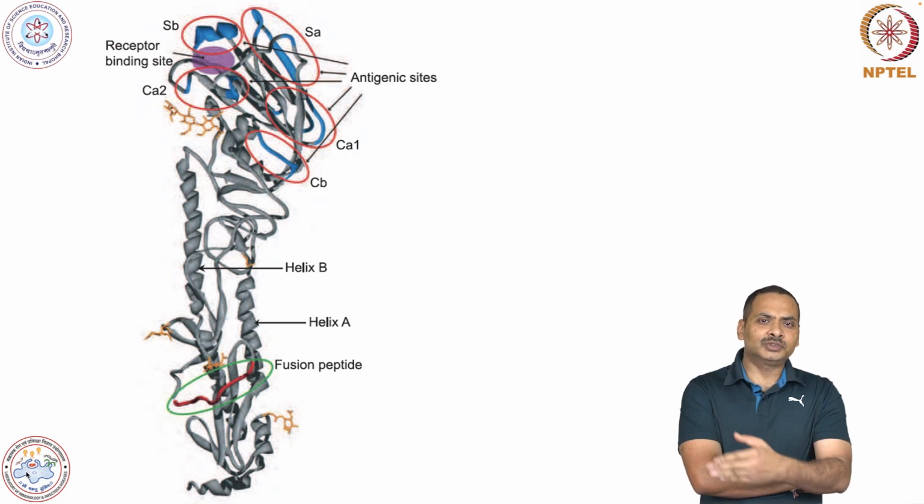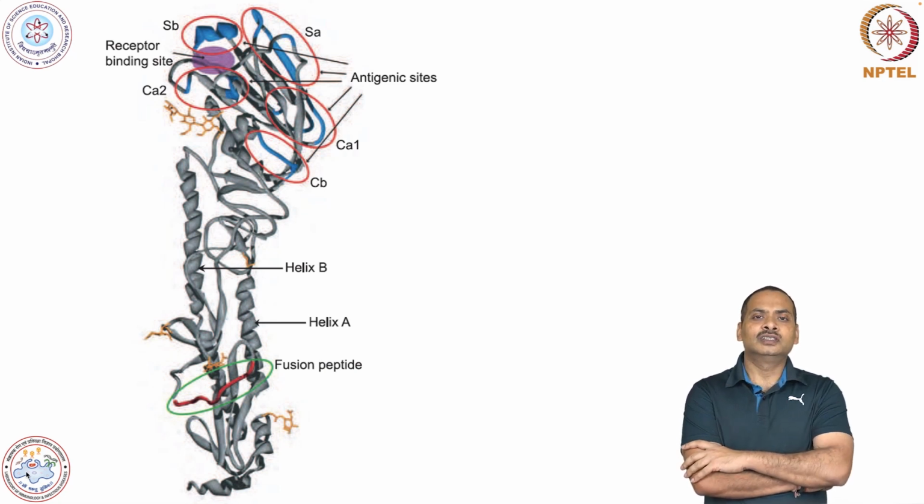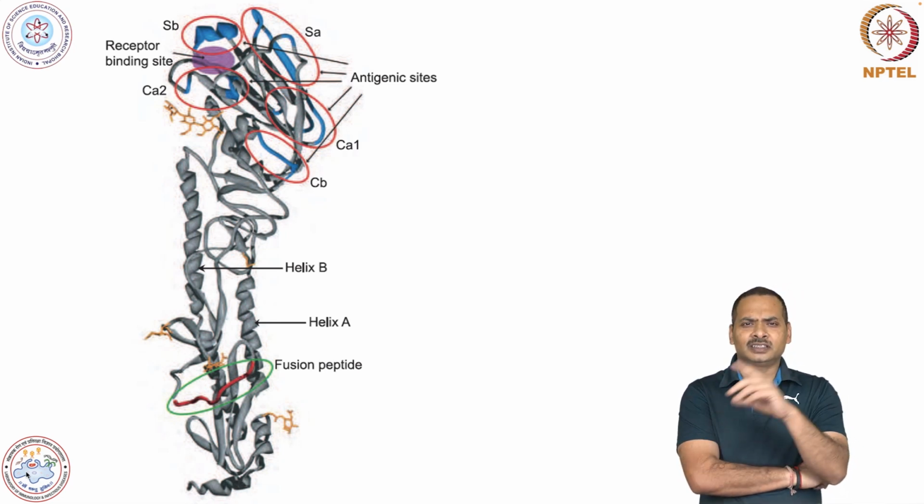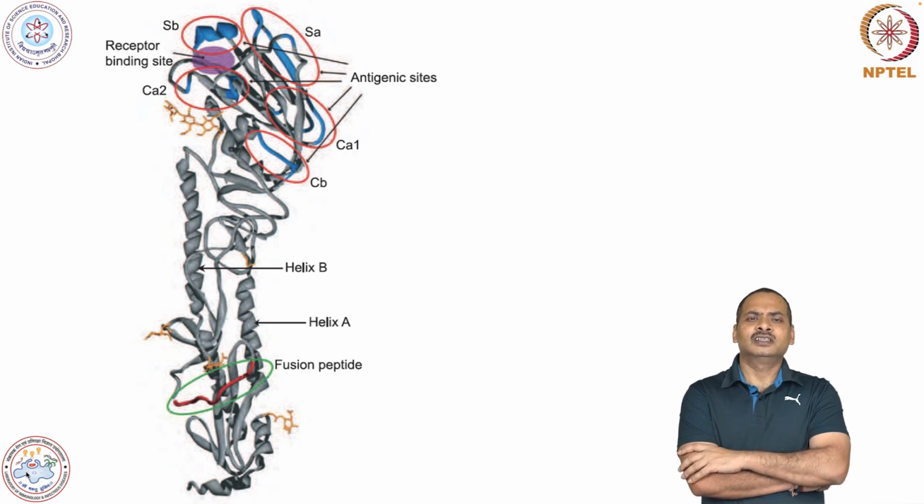Here I am again showing the structure of the monomer of HA, hemagglutinin, and you can see some red circles. These circles are antigenic sites. What do you mean?